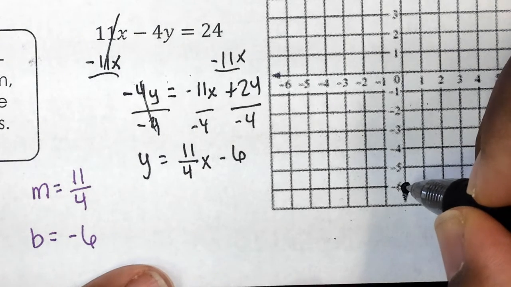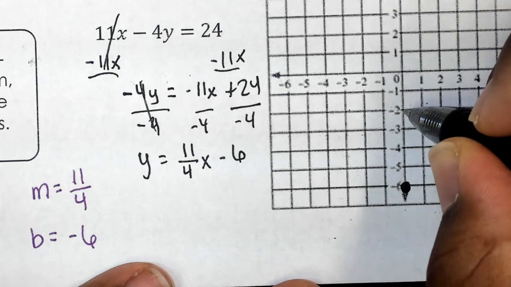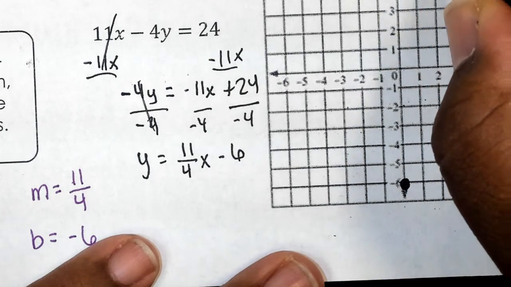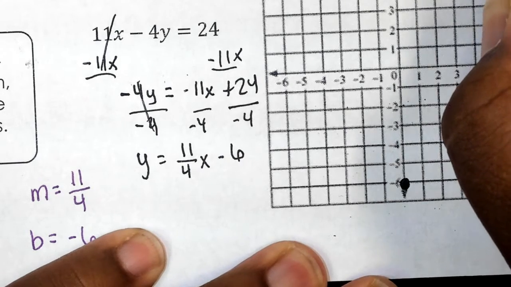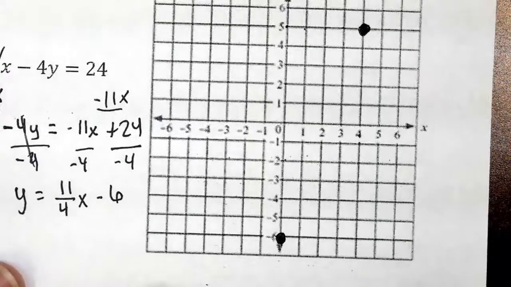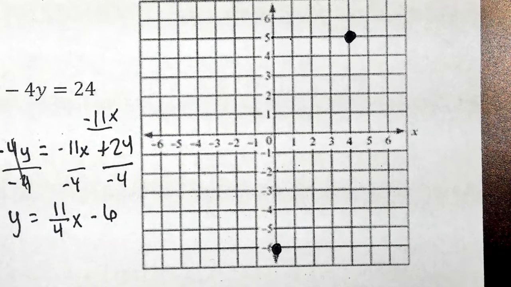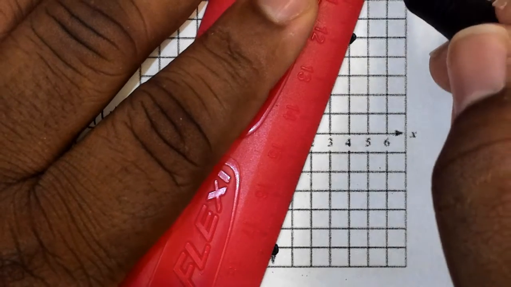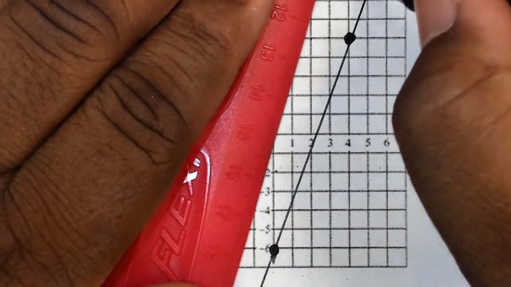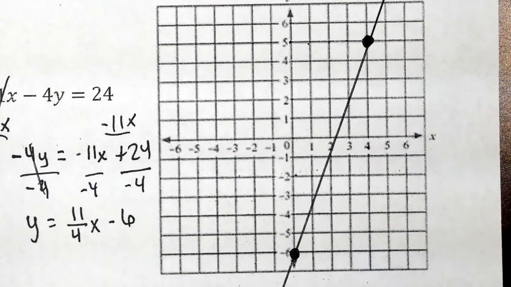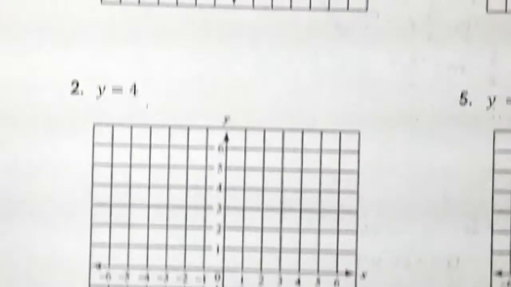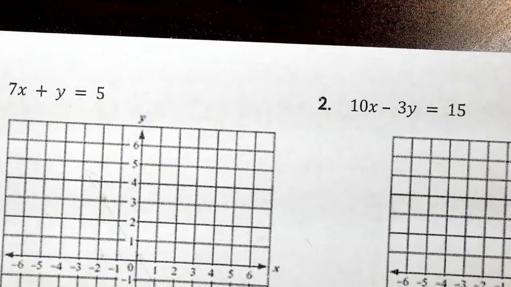You only need 2 points to create a line, remember that. 1, 2, 3, 4, 5, 6, 7, 8, 9, 10, 11 over 1, 2, 3, 4. They all stay on the graph.